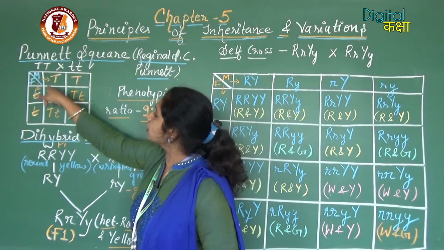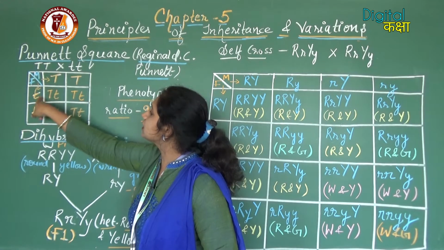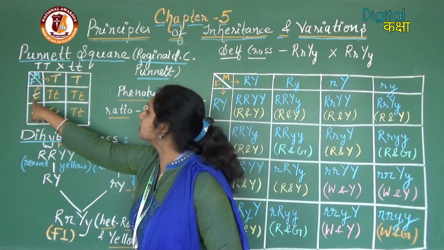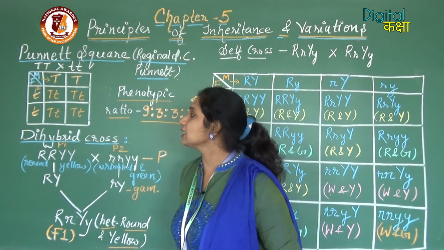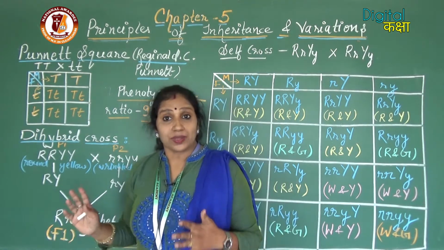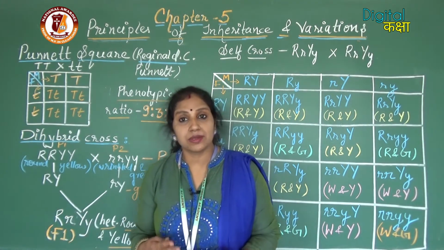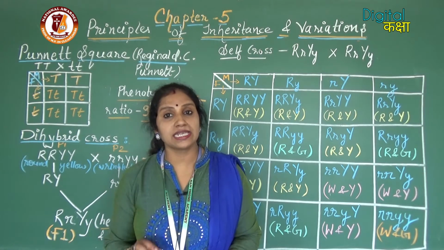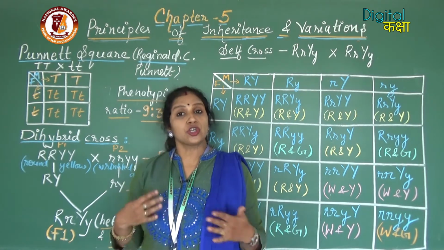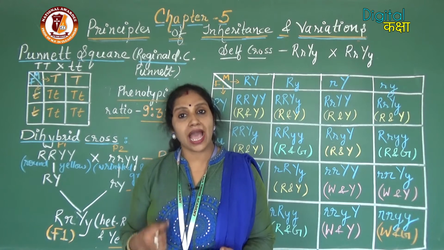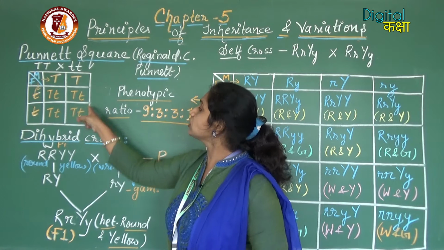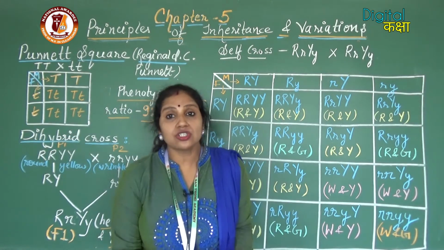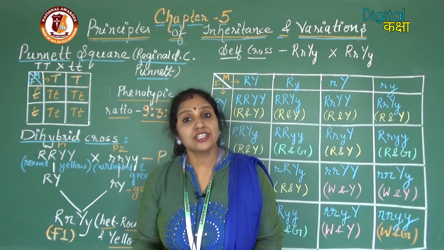Now we can make the combinations like capital T small t, capital T small t, small t capital T, small t capital T. So we can see that we have got the same result that we got in the F1 generation. So all the offsprings or hybrids in the F1 generation will be phenotypically tall and genotypically heterozygous tall.